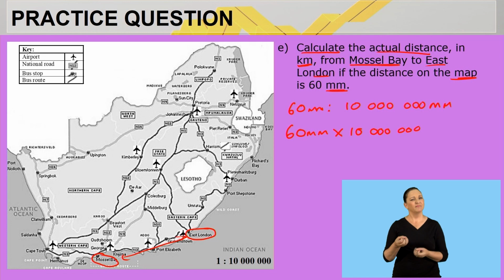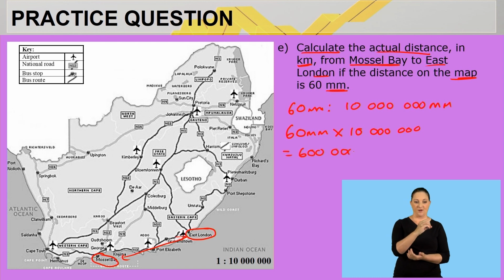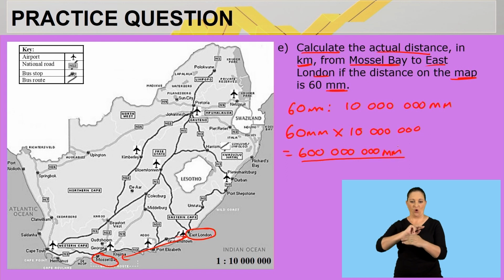What will that give us? 60 times 10 million. Please make sure you key in correctly. That gives us 600 million millimeters. We agree? Now I'm going to divide that to convert from millimeters to kilometers, so I must divide that by 1 million.